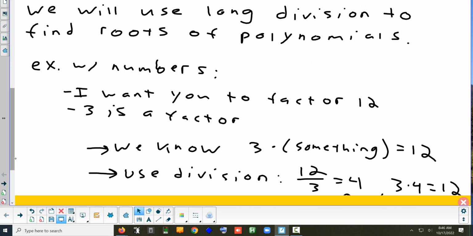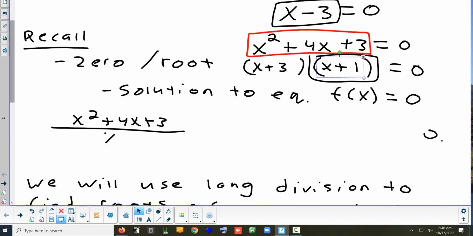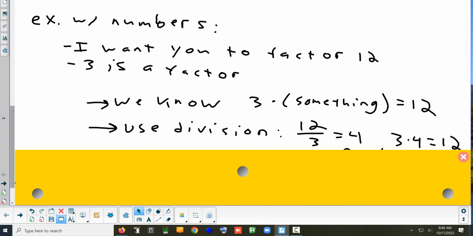In our other case, it was a 12. And divide it by what you know is a factor. In this case, I could tell you x plus 3. If you know how to do this out, you will get x plus 1 as the answer. So you can get the other factor. Same way we divided 12 by 3 to get 4.